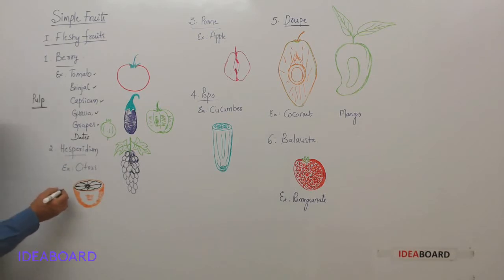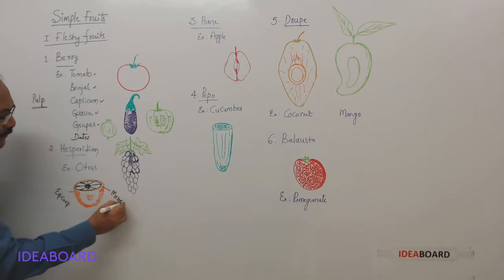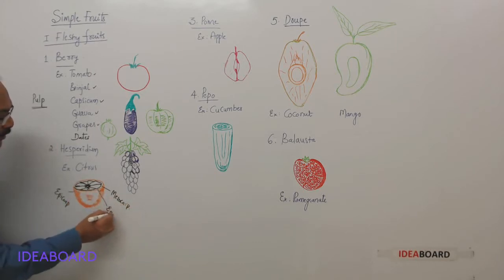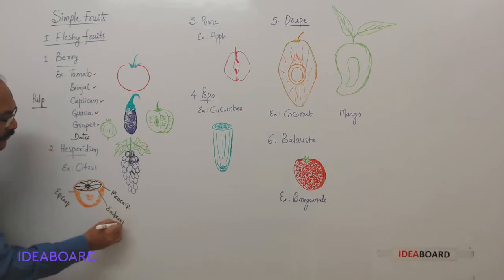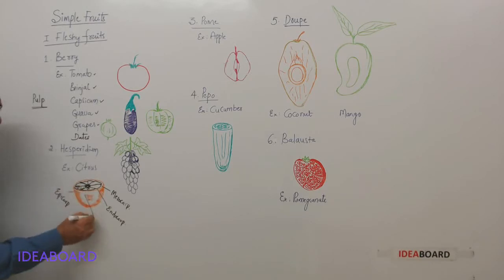In all these citrus fruits, you will find a leathery epicarp, one white papery layer that is the mesocarp, and the endocarp, which divides into different compartments and encloses many juicy hairs.